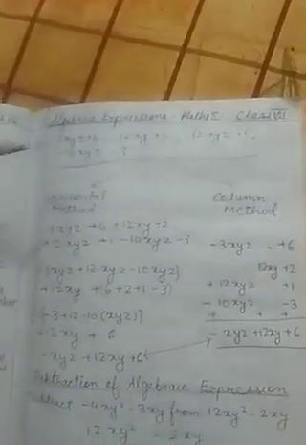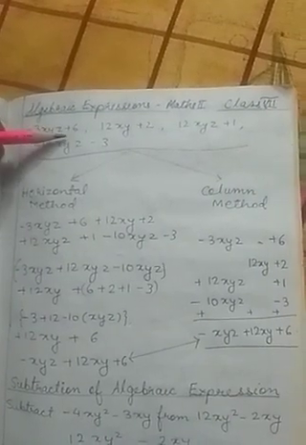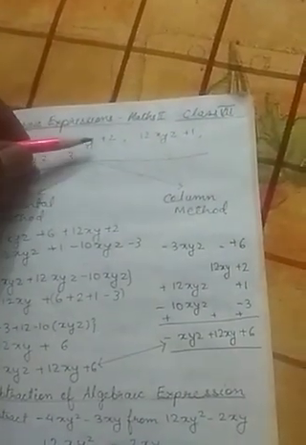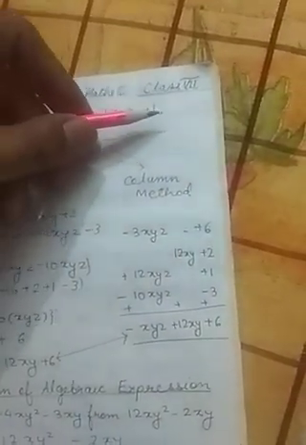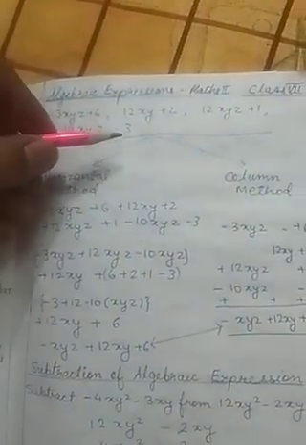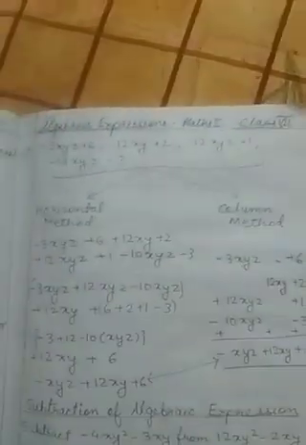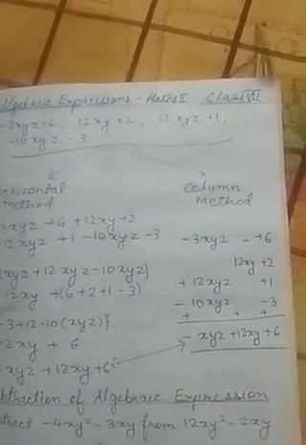Let's take a different example. Now here minus 3xyz plus x, 12xy plus 2, 12xyz plus 1, minus 10xyz minus 3. 1, 2, 3, 4. Now here 4 binomials are given.